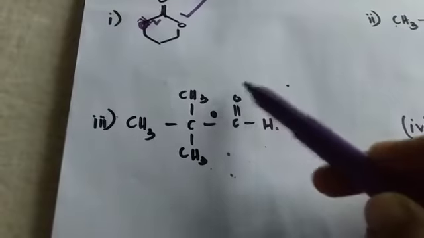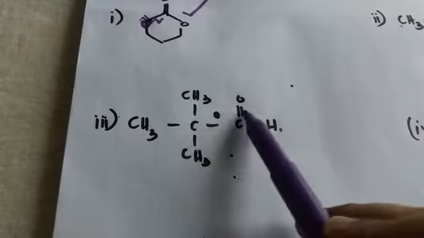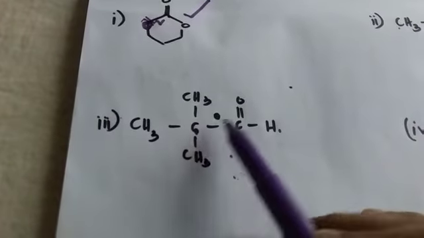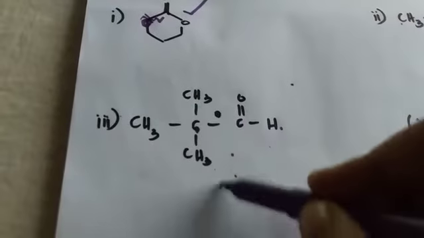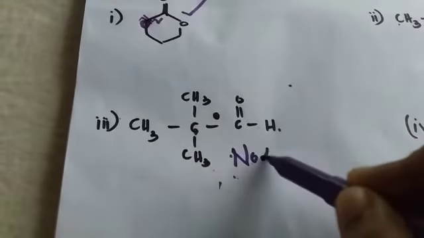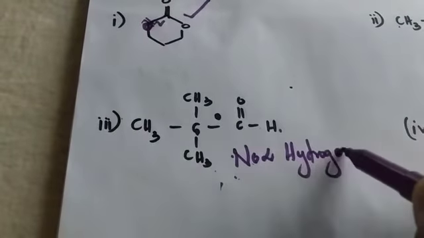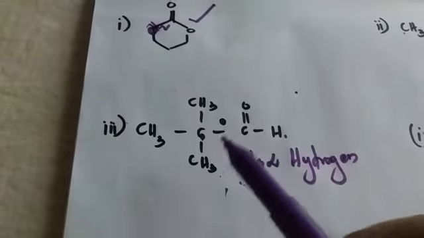Now the next question. This is a carbonyl compound. The carbon attached to the carbonyl group is the alpha carbon, but there is no hydrogen attached to this carbon, so there is no alpha hydrogen. Here there is an alpha carbon but no alpha hydrogen.